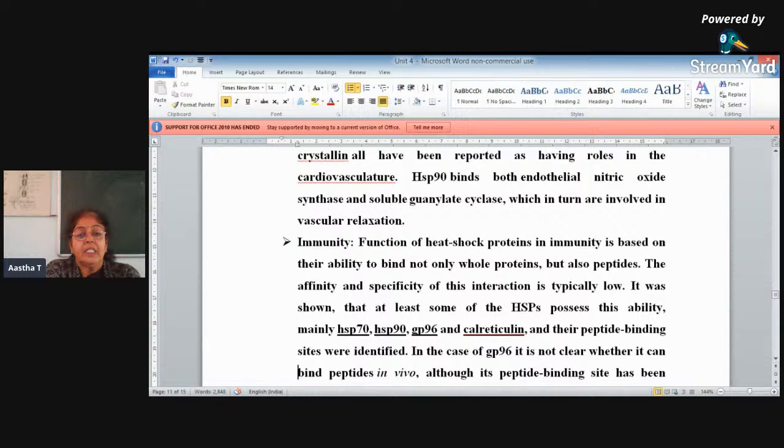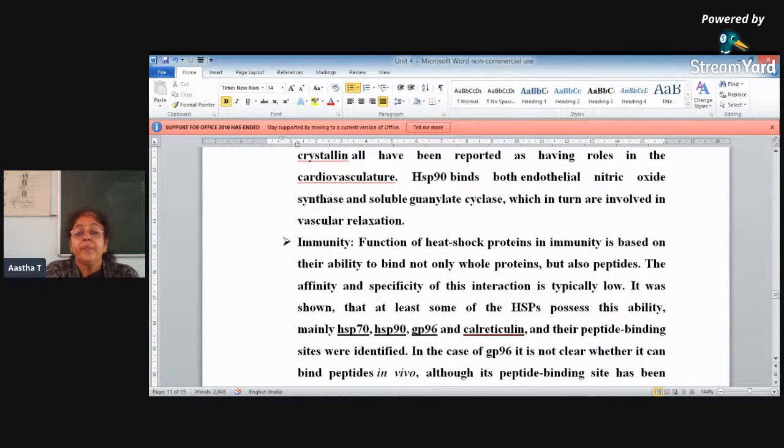The affinity and specificity of this interaction is low. It was shown that some HSPs possess the ability, like HSP 70, 90, GP96, calreticulin, and their peptide binding sites were identified.